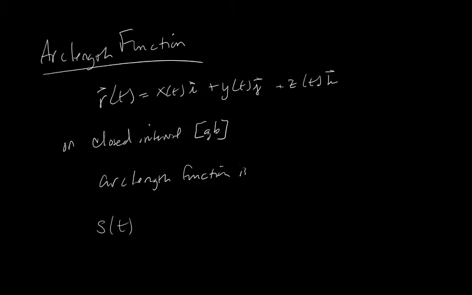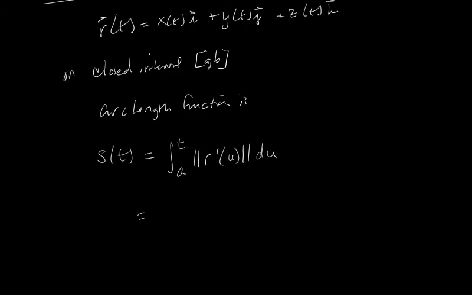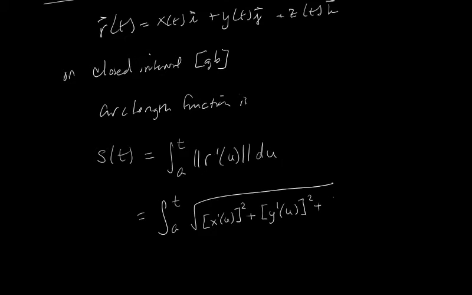s of t. So it's not just s anymore, it's a function now. s of t equals the integral from a to t of the magnitude of r prime of u du. That is equal to the integral from a to t of the square root of x prime of u squared plus y prime of u squared plus z prime of u squared du.